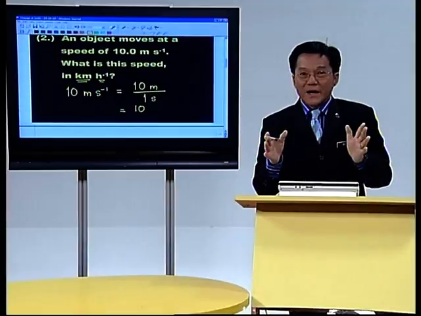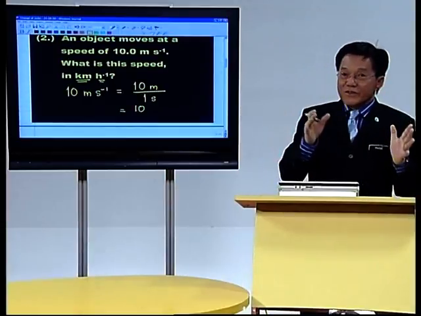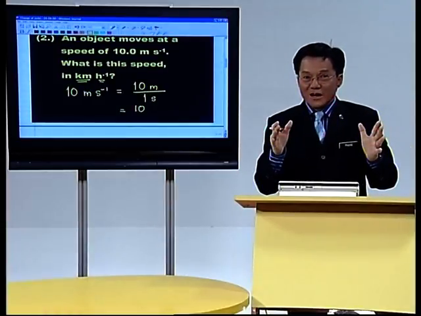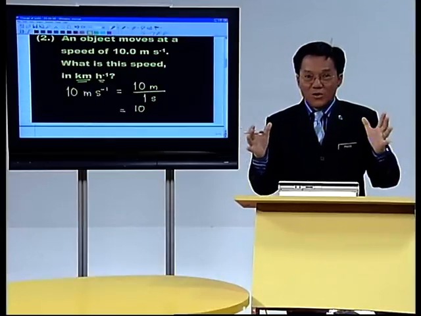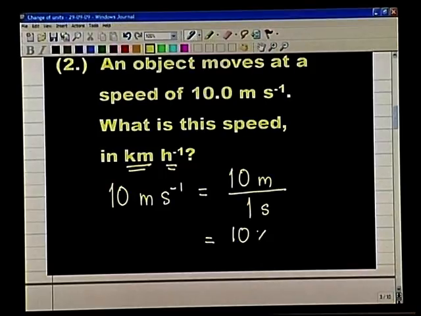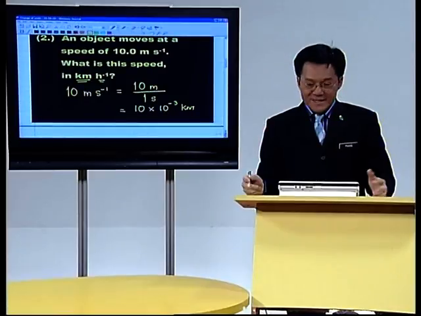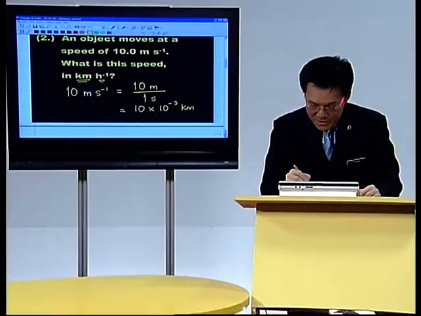Now that part I assume that you know how to change it. It is part and parcel of the whole subject of physics. So I multiply by 10 to the power of minus 3 kilometers. That is the same as dividing by 1000.